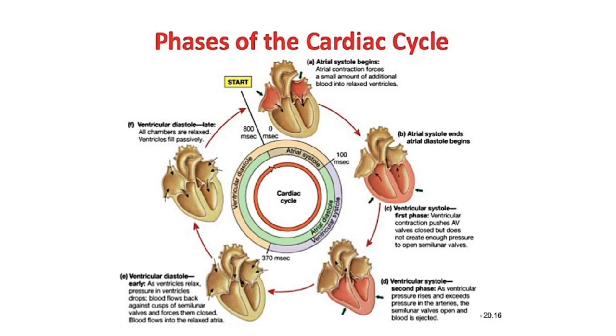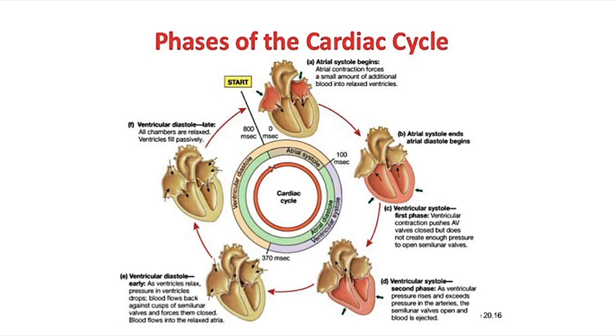At rest, the healthy adult heart is likely to beat at a rate of 60 to 80 beats per minute. And keep in mind that this is a range, not a fixed number.